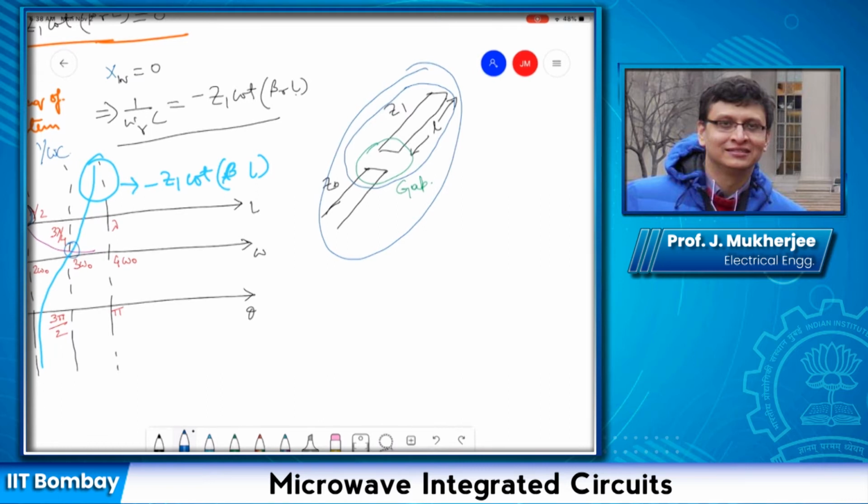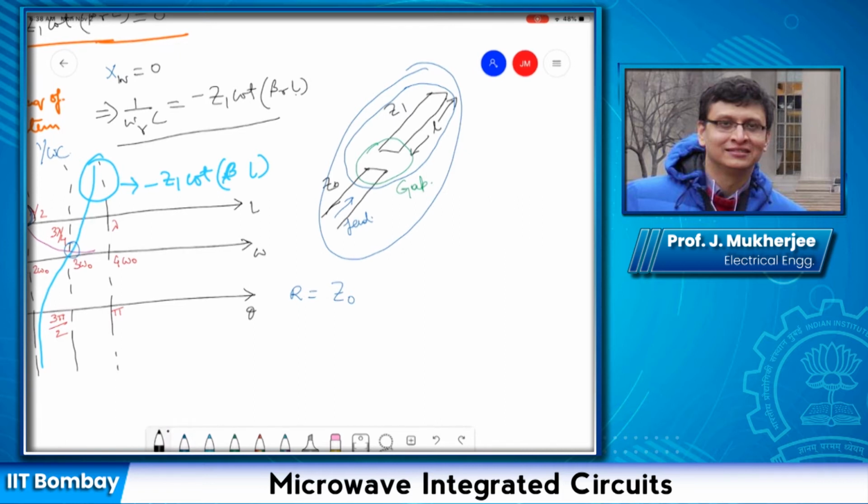The feed, where we provide the input signal, can be assumed to be infinitely long. Then the external load for this resonator will simply be equal to Z0. So the capital R in the Q factor formula is nothing but Z0.